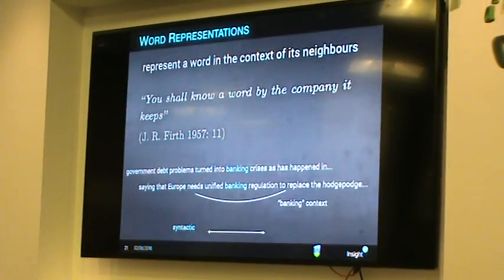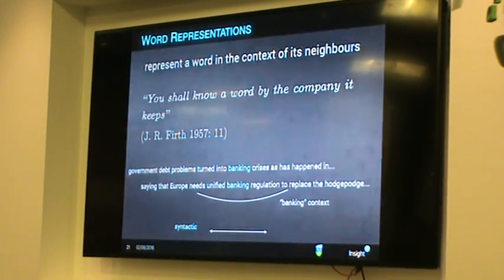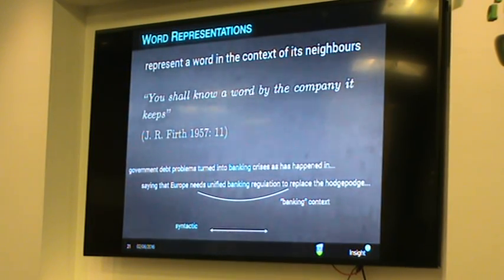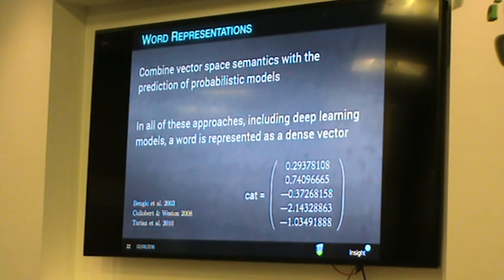If we take a very small window, we tend to focus on the syntactic details of the context. If we expand the window quite a bit more, then we get much more of the semantic representation of the context, because we're pulling in many more words that are far more distant.